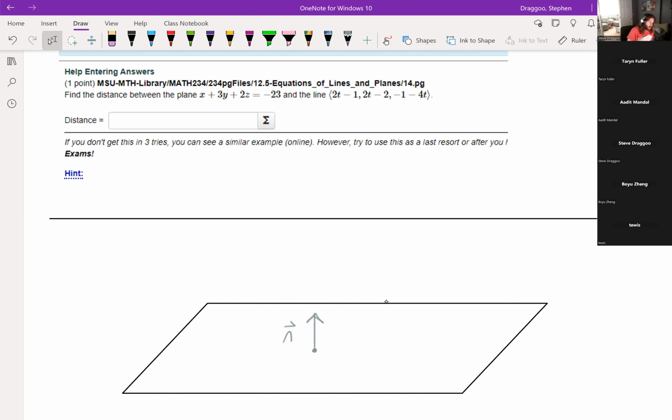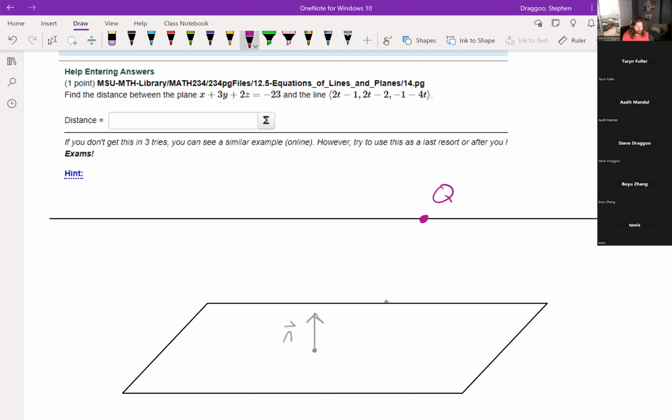So, with all that said, let's do that. I'm going to pick out some point that's on our line, and I'm just going to give it a name. I'm going to call it Q. Q is going to be this point up here. Some point on the line, I'm going to look at finding the distance from point Q to our plane.